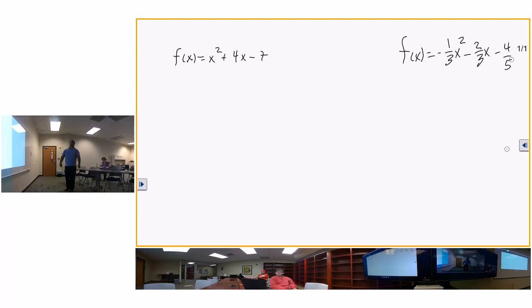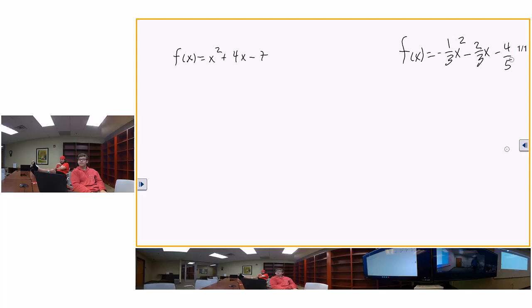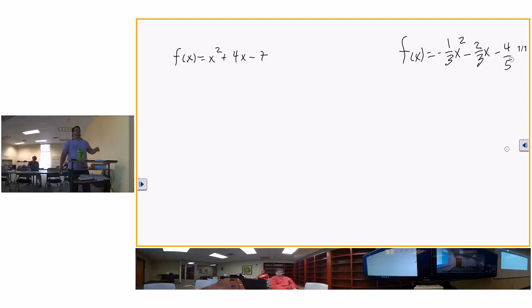Pendleton, how about you? What would you be able to do with that one on the right? Would you be able to complete the square on that one? You have to find a common denominator. Pendleton, answer. What'd you say?